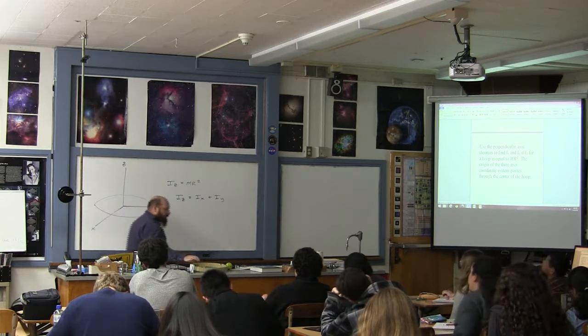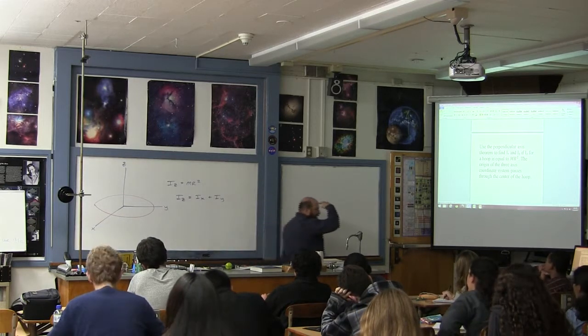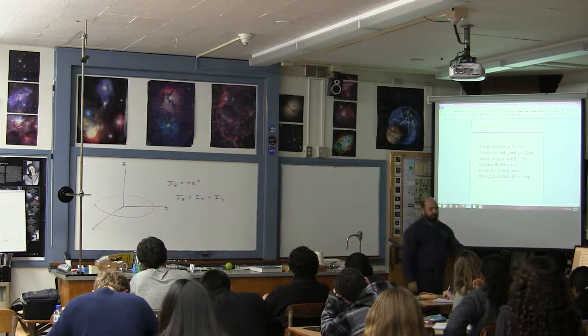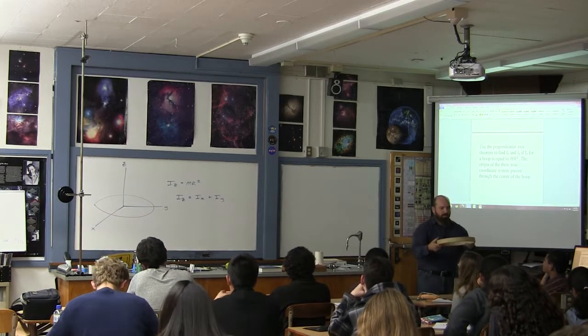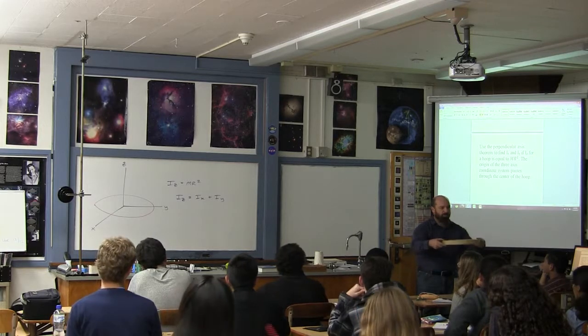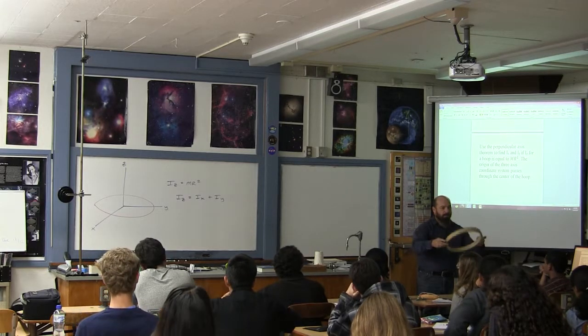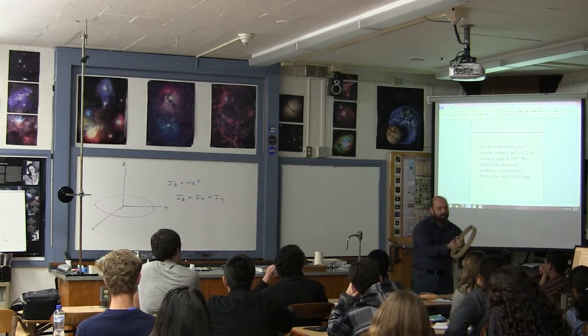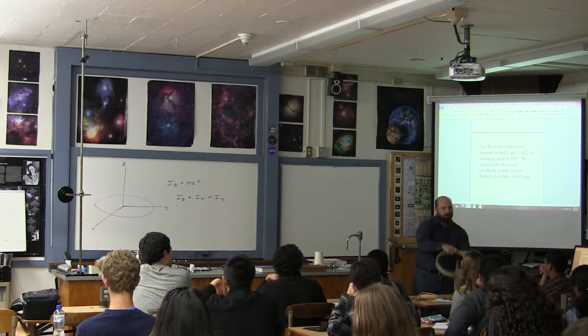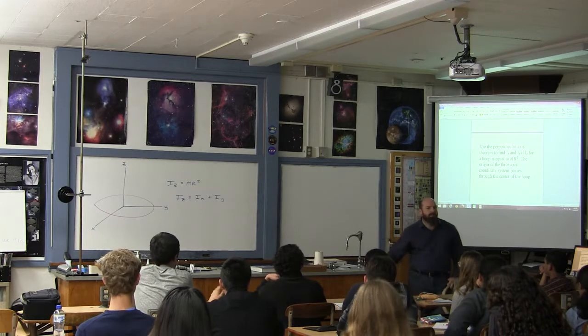So take a look at the problem and now think in terms of symmetry. We know that this here is mr squared. What we're trying to find is rotation about the y-axis, Iy, and rotation about the x-axis, Ix. What's the answer?